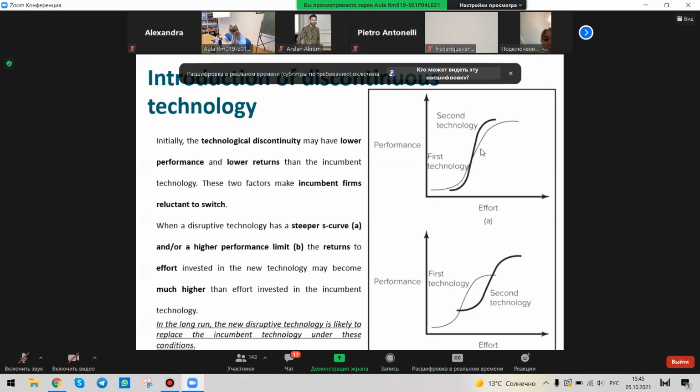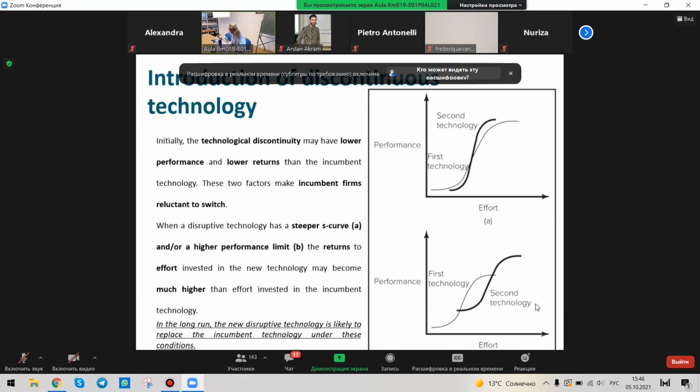We might have the case in which the second technology has a steeper curve, so it just has a better performance in terms of improvement. So it grows faster. This means that, of course, we also have less effort, okay, in terms of, again, investments in R&D and knowledge and so on. Right? So we have this first case.